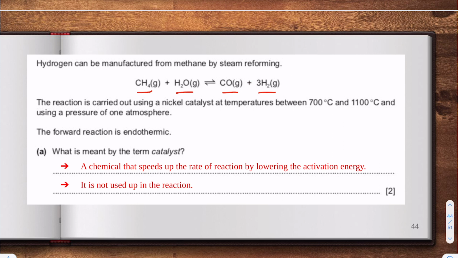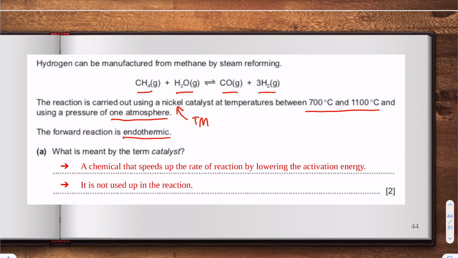The reaction is carried out using a nickel catalyst, again, a transition metal, at temperatures between 700 and 1100 degrees C and a pressure of 1 atmosphere. That just means it's 1 times the pressure that you're feeling right now. It's normal room temperature and pressure. So the forward reaction is endothermic, best that we underline that.